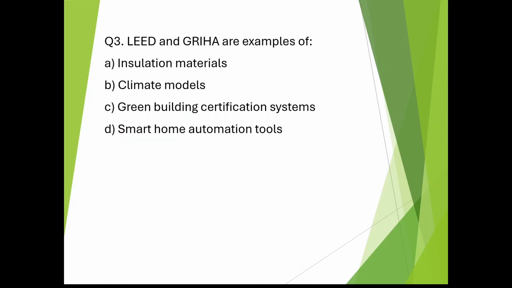So out of the four options, what do you think? Where have you studied about LEED and GRIHA? Under which category? Try to answer this question also. Let's see who can answer this question correctly.